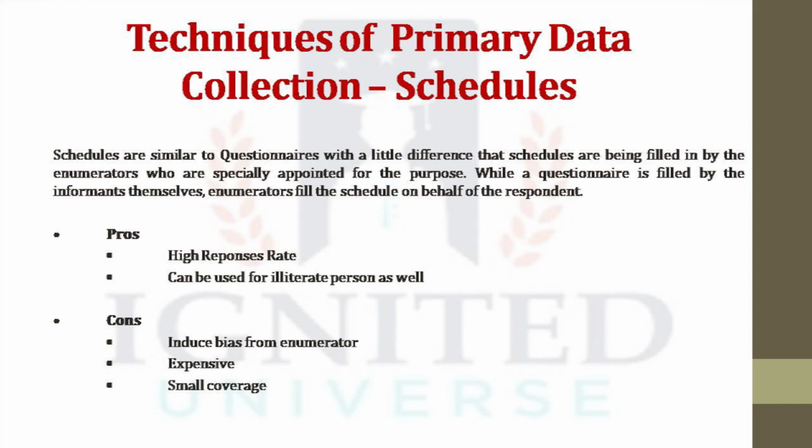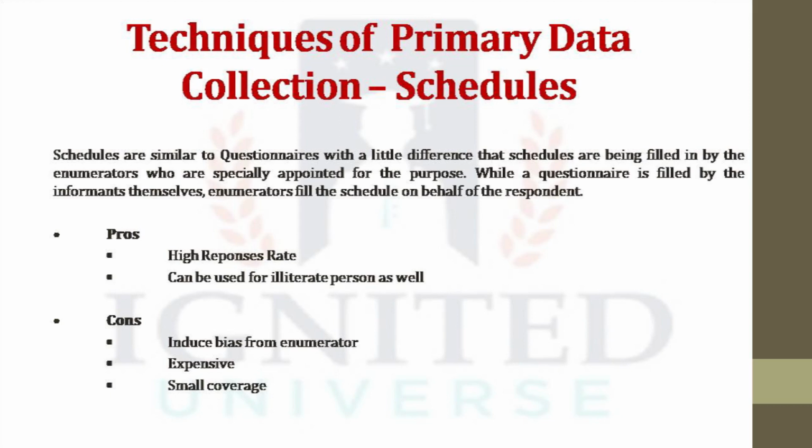Non-response is usually high in case of questionnaire, as against that, it is generally low in case of schedules. In case of questionnaire, it is not always clear who replies, but in case of schedule, the identity of the respondent is known. Then, the questionnaire method can be used only when respondents are literate and cooperative, but in case of schedules, the information can be gathered even when the respondent happens to be illiterate.